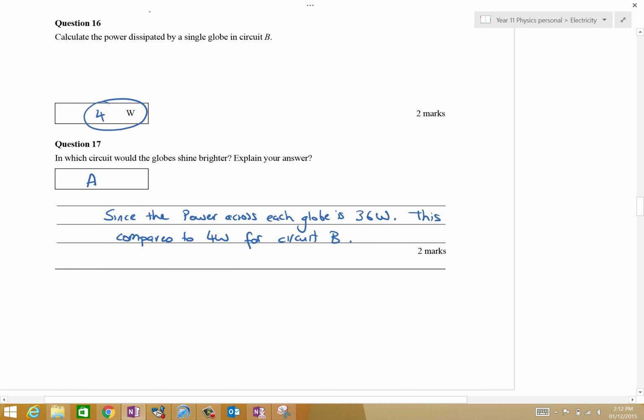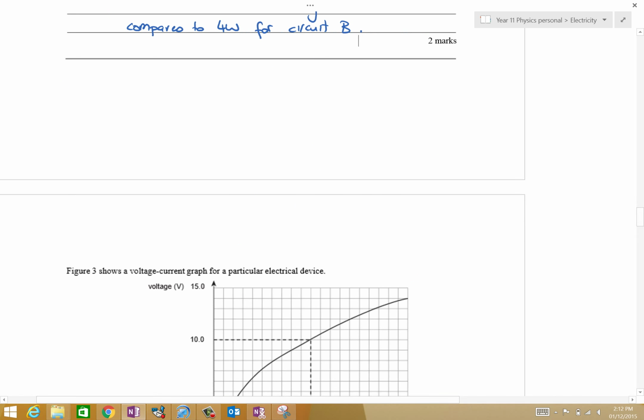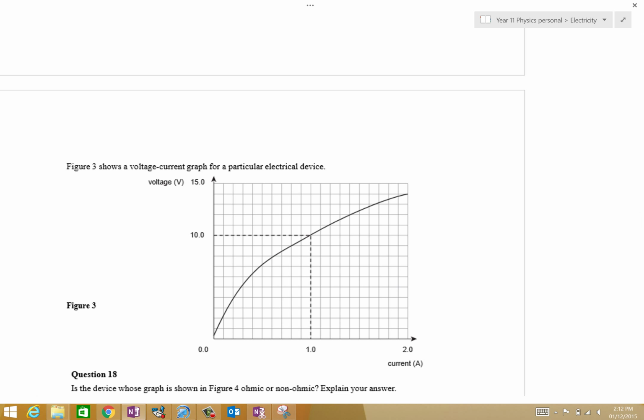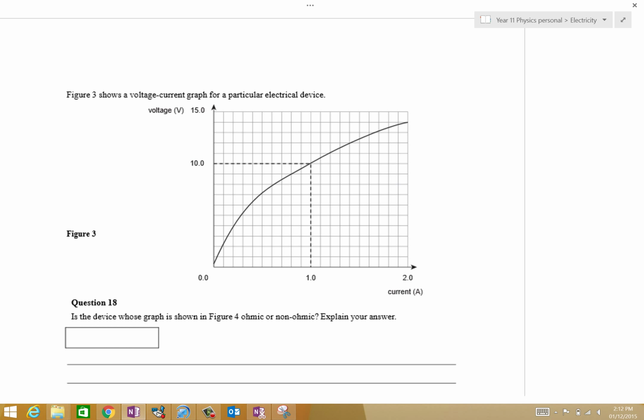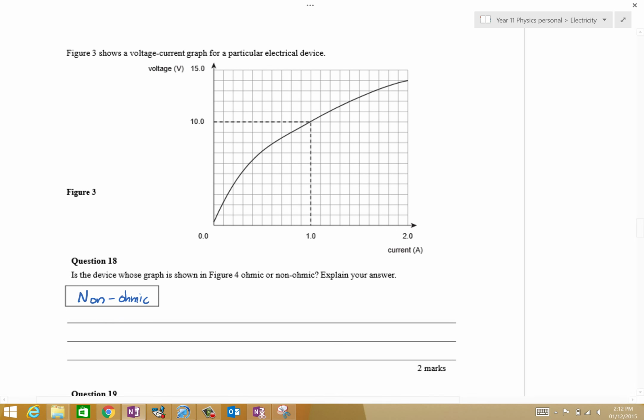All right, we'll carry on. I know that we're going to do more of this, okay? We'll go through and we'll do more of this next time. What type of device is this? Ohmic or non-ohmic? It's a non-ohmic. And it's a non-ohmic. Why?